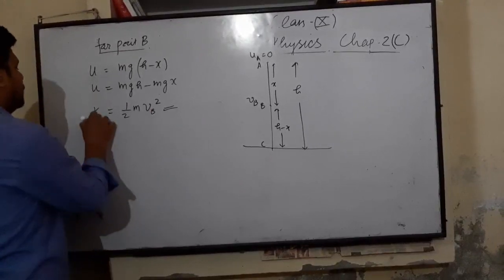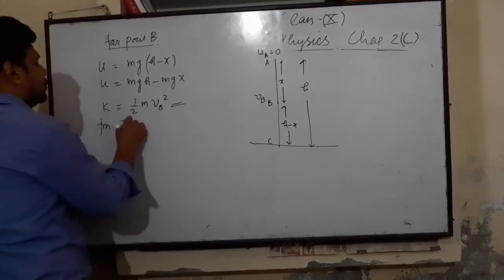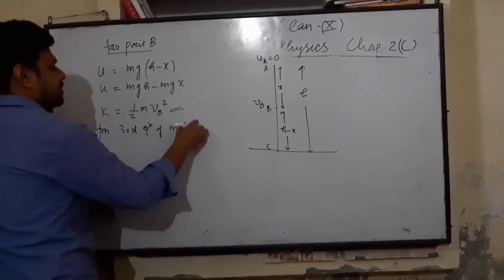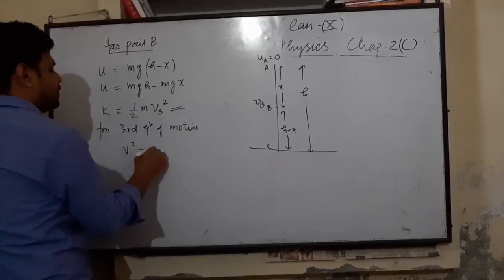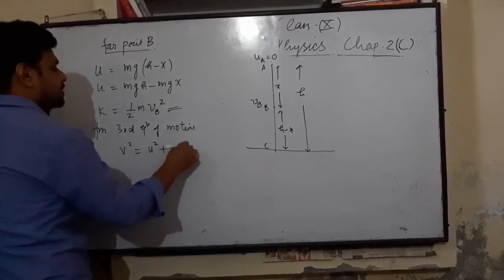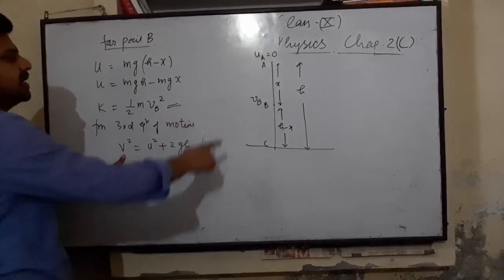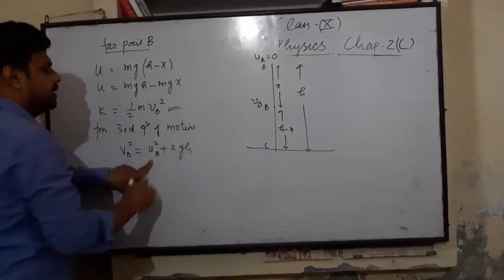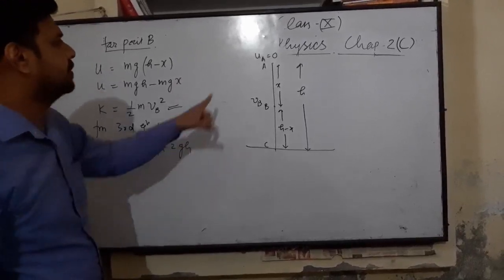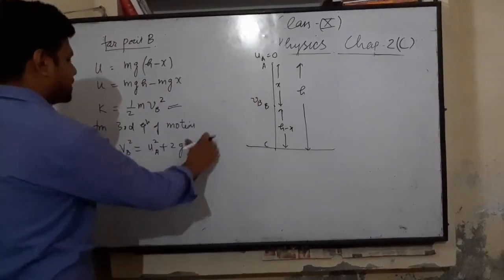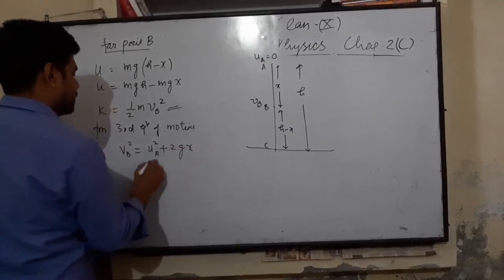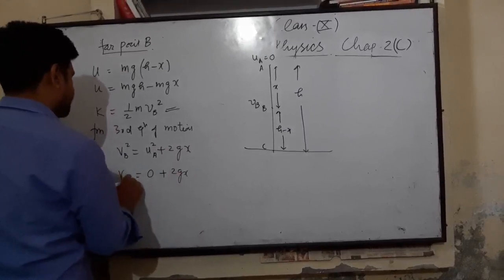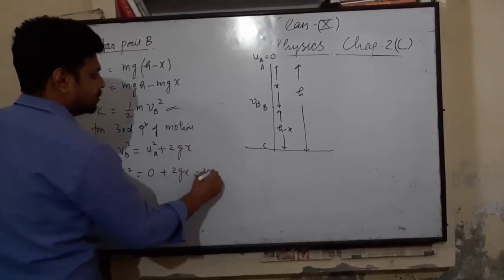So from the third equation of motion, v square is equal to u square plus 2gh. V is the final speed, which is at point B, u is the initial speed at point A, and h is the distance between point A and point B, which is x. So u is 0, and vB square is equal to 2gx.